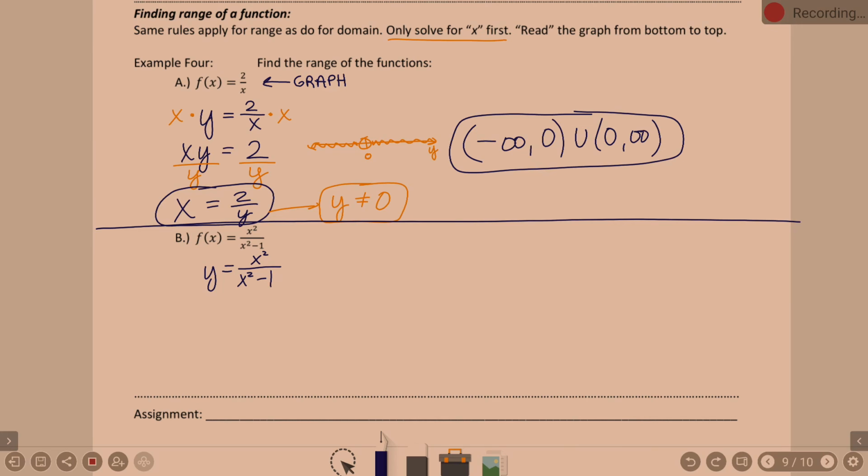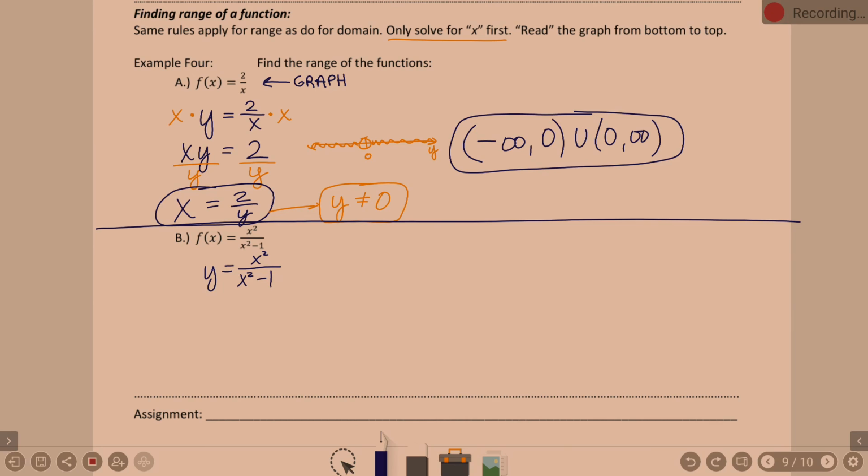You're still going to have the fraction in there, though. If we start this and multiply by x squared minus 1, then we're going to have x squared minus 1 times y equals x squared. So one of my x squareds is going to be times y, the other x squared is not. This one's not going to be pretty if we try and solve it for x.